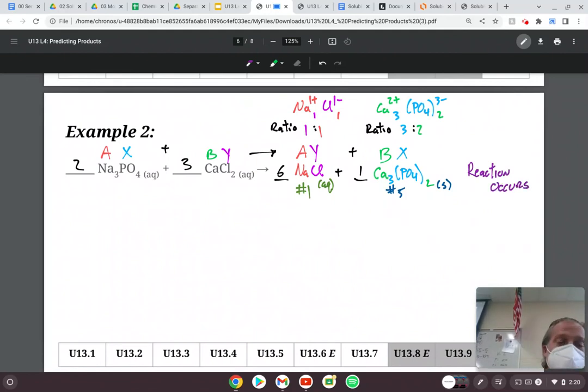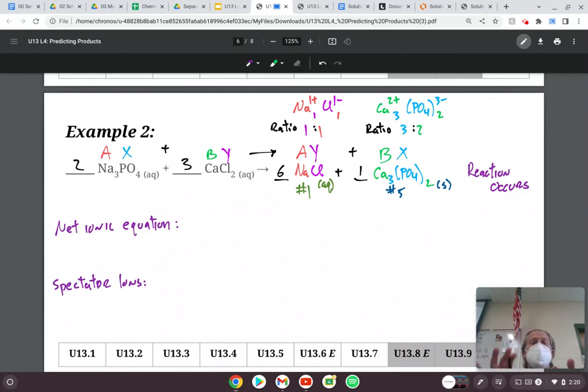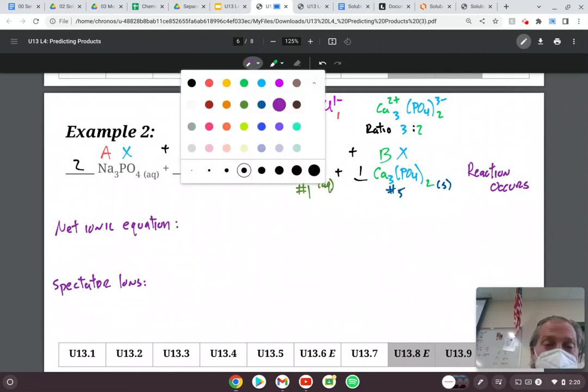So now, because the reaction occurs, I need to write my net ionic equation. And I need to identify my spectator ions. And so just like I did last time, I'm going to start with the solid product first.